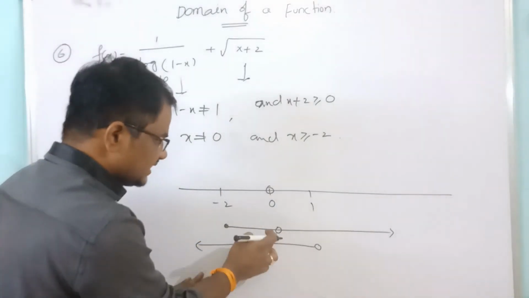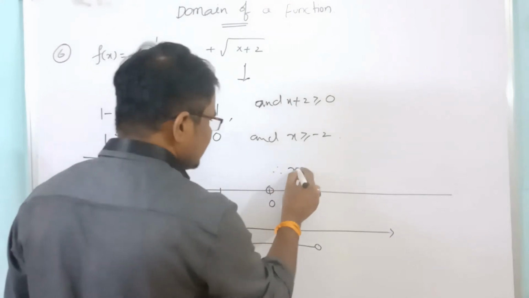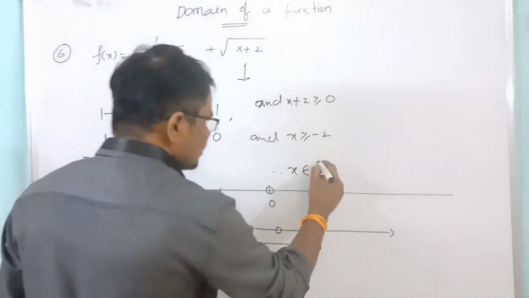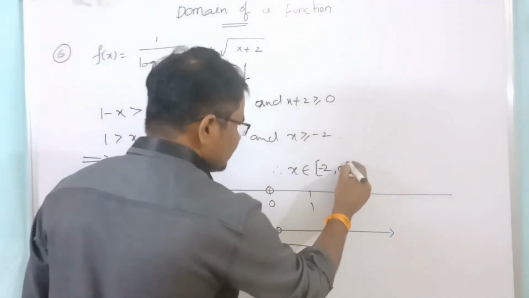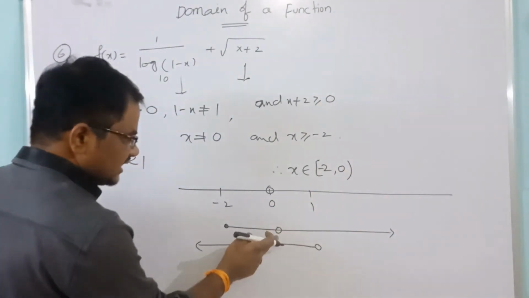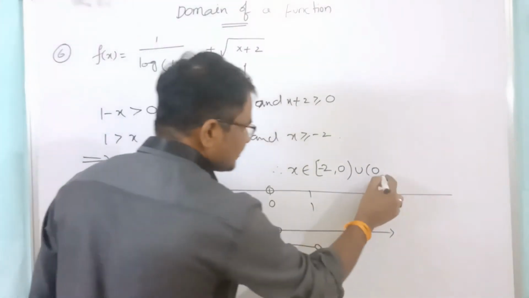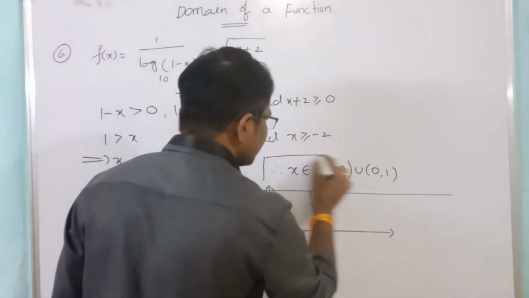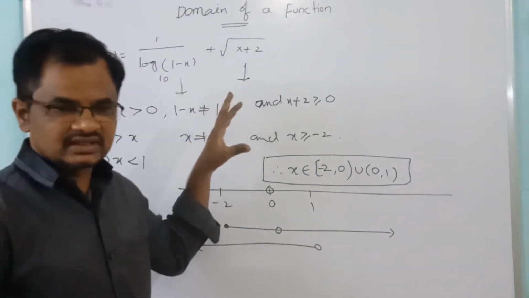Here to here, in this one 0 does not exist. So therefore x belongs to closed interval minus 2 to open interval 0, because here we can't take this 0, union 0 to open interval 1. So this is our required domain of the given function, right?